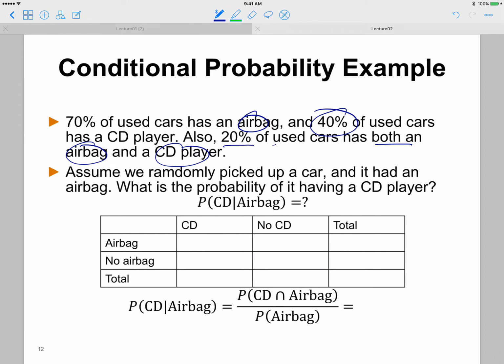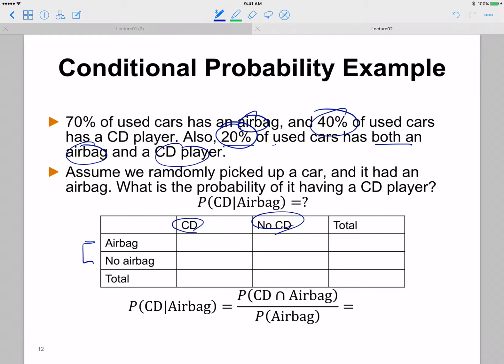Let's fill this table out. 20% of them are cars that have both a CD player and an airbag. These are the two different conditions: airbag or no airbag, and CD or no CD player.